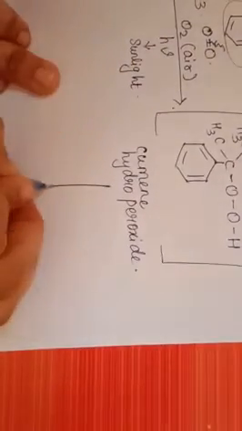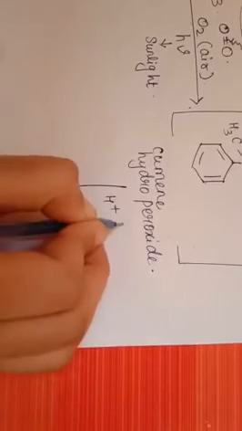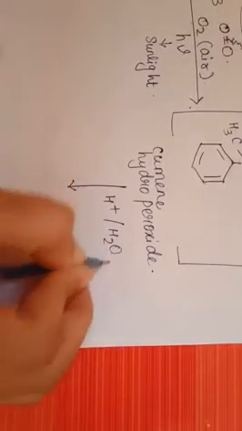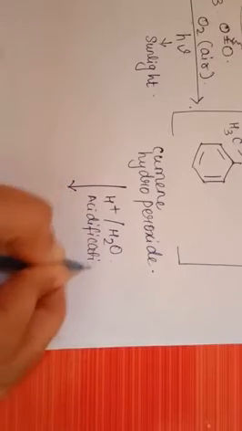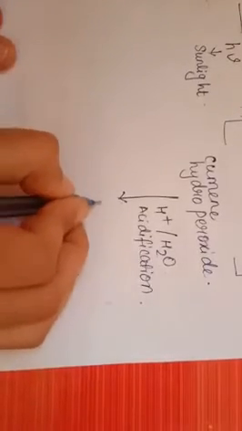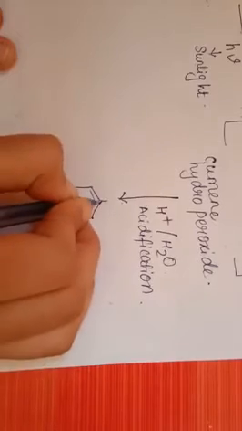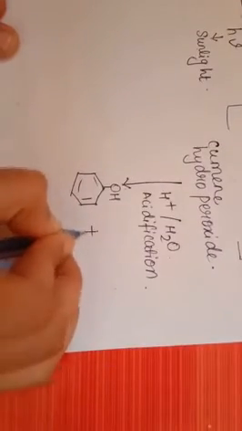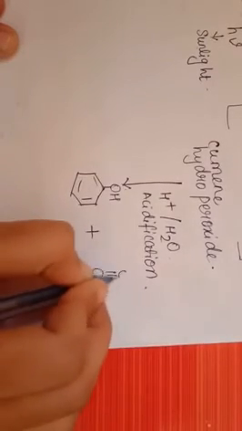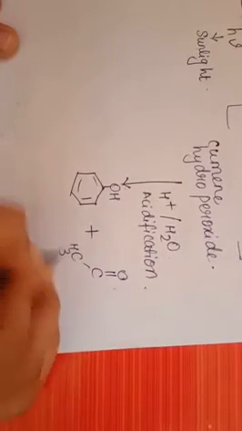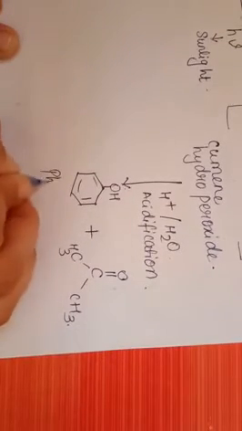Now further on acidification, like the reactions we had seen before, in presence of H2O, you will get phenol plus one more product you will get here, that is acetone. This is our byproduct.